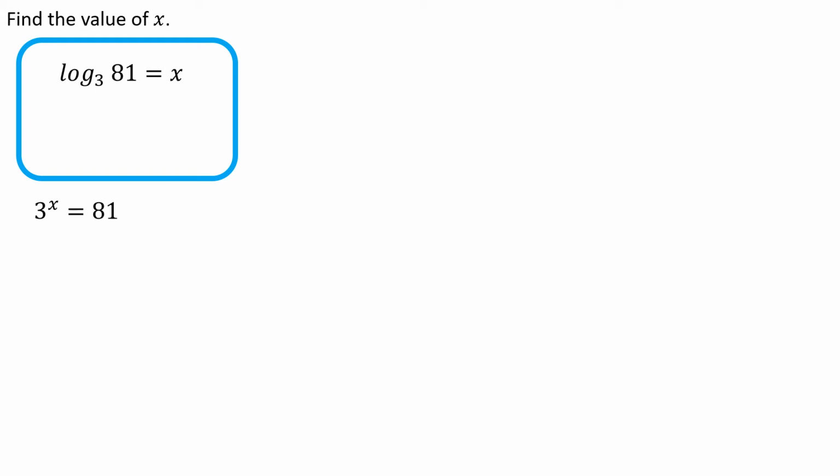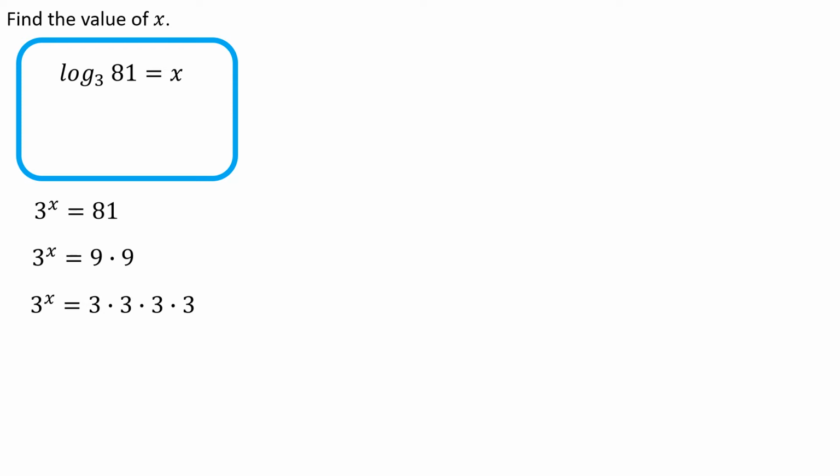Now, one possible way about this is guess and check. Right? 81 is 9 times 9. But I need a base of 3. Hey, each of those 9s can be 3 times 3. 3 times 3 makes the first 9. 3 times 3 makes the second 9. So 3 times 3 times 3 times 3 makes 81.